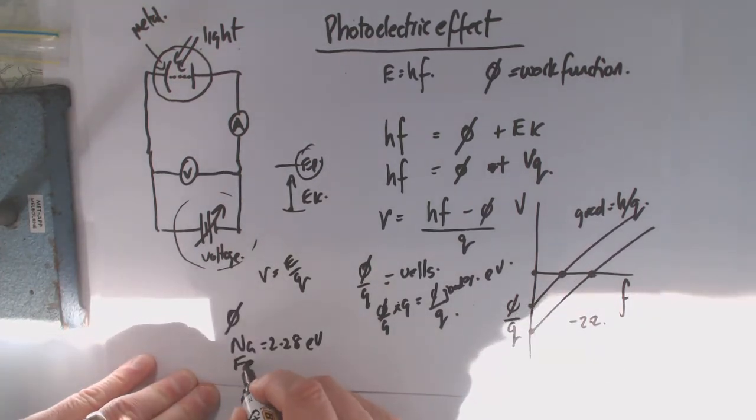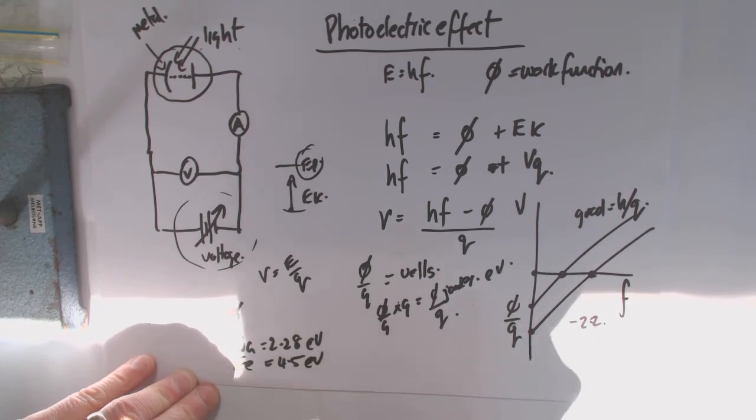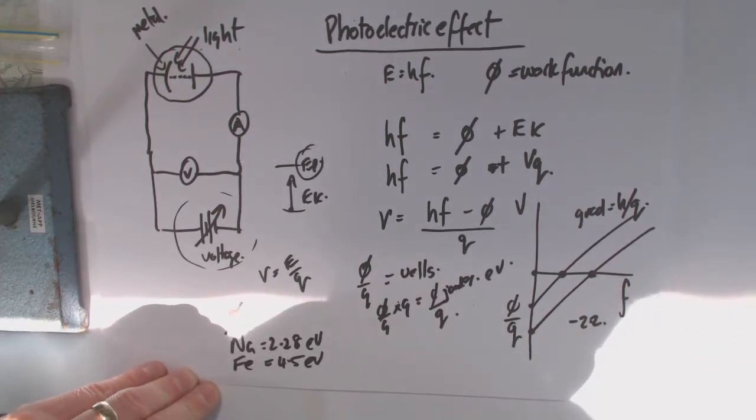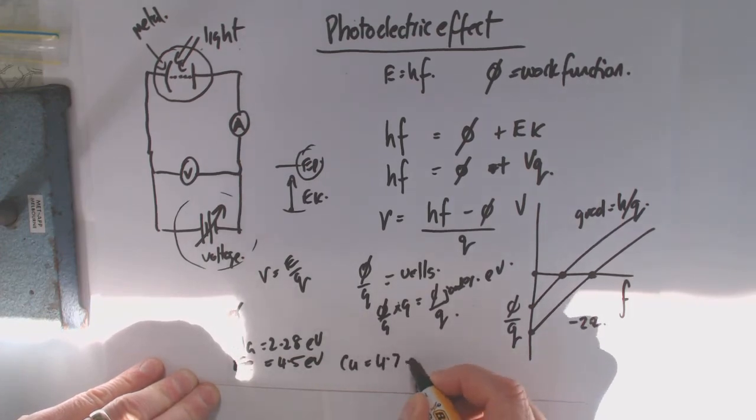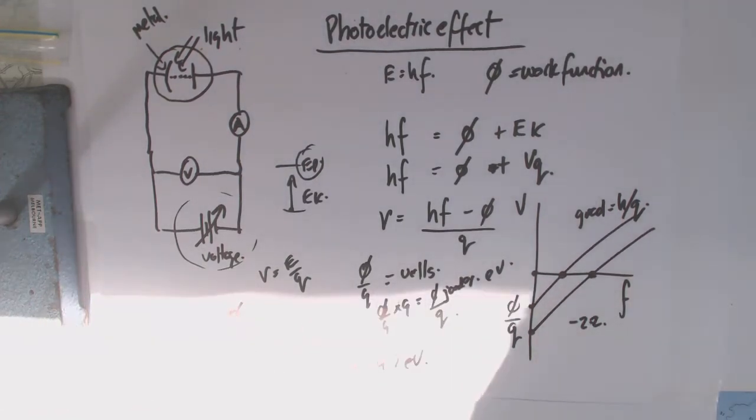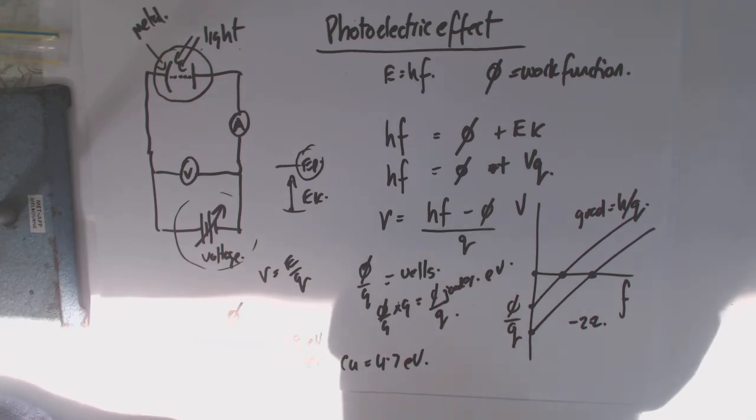Iron equals 4.5 electron volts. Copper equals 4.7 electron volts. So you get an idea. Sodium has a very, very low work function, doesn't require much energy to release it from the metal compared to copper.